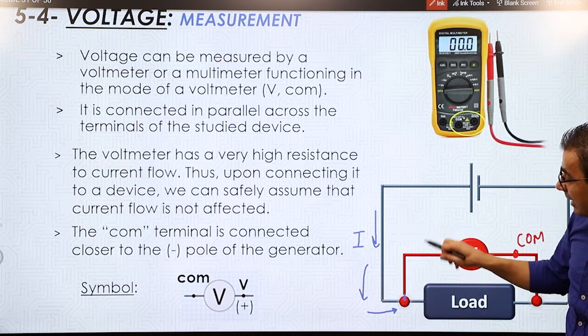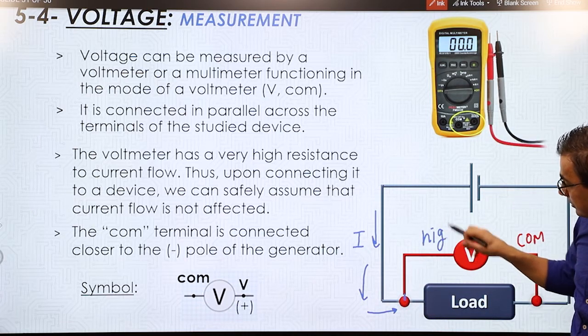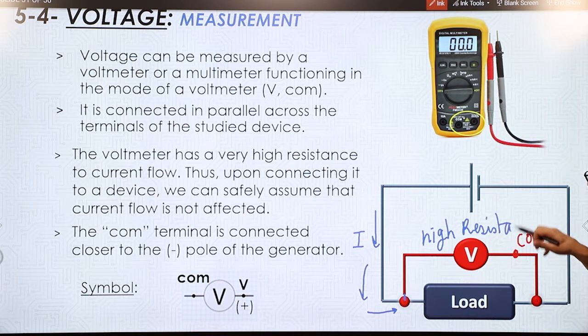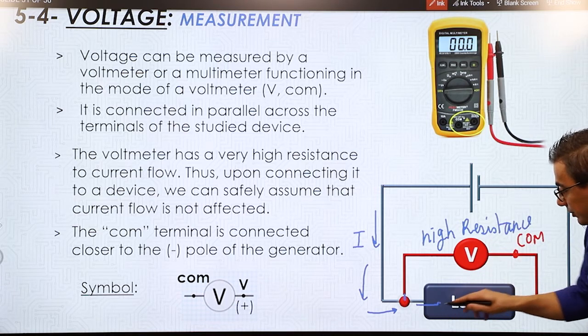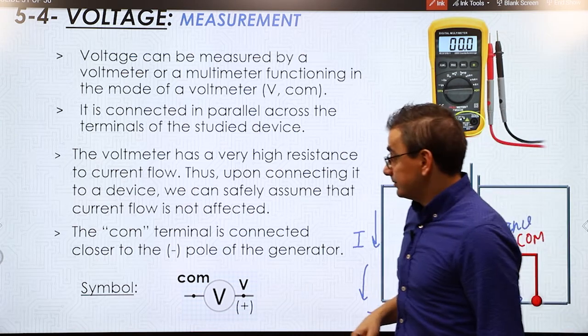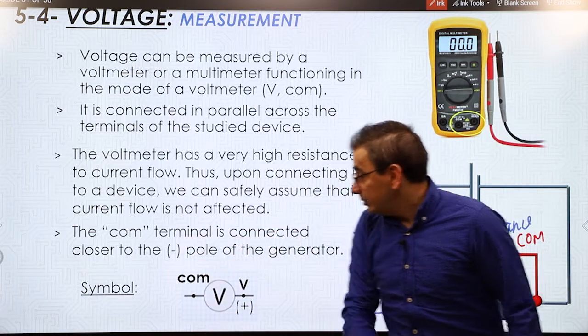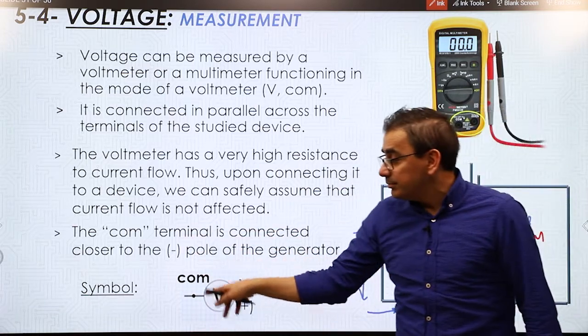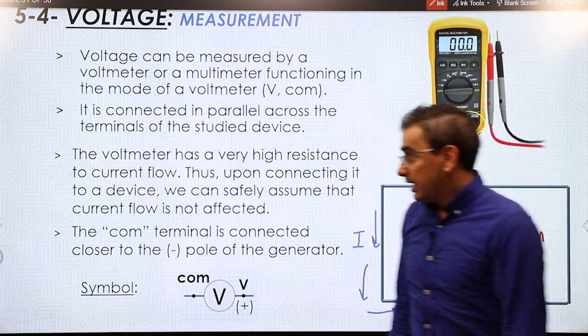But since here we have high resistance, it will resist the flow of current, so current continues through the load. So the voltmeter doesn't affect the circuit. The COM terminal is connected closer to the negative, and we talked about that. As for the symbol, we use COM and V.